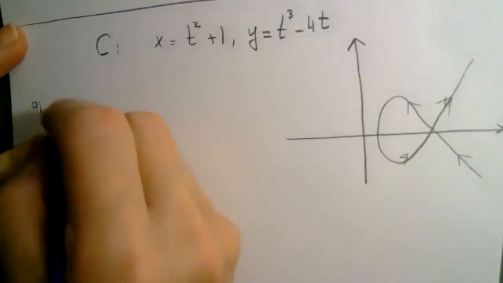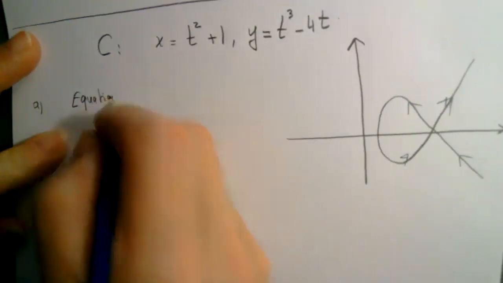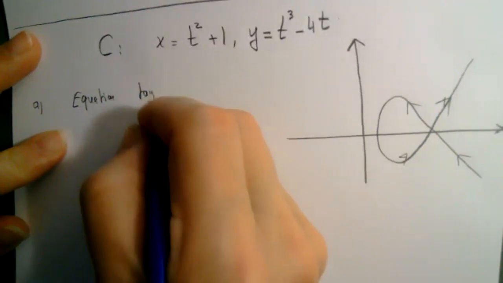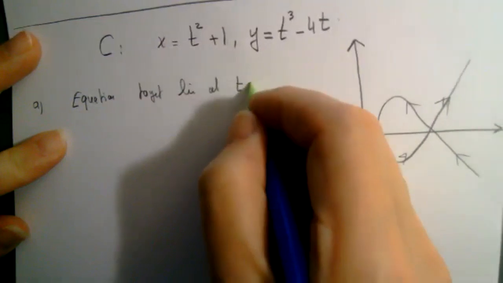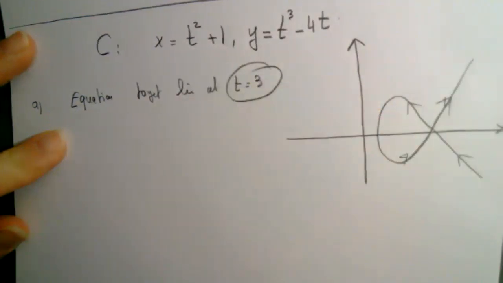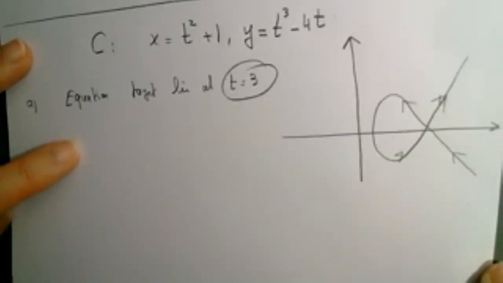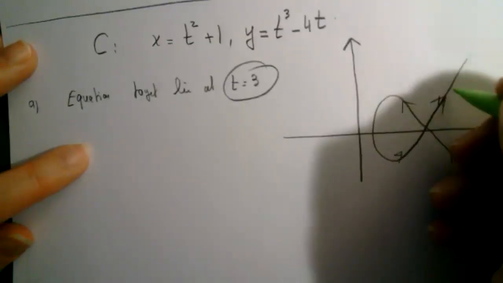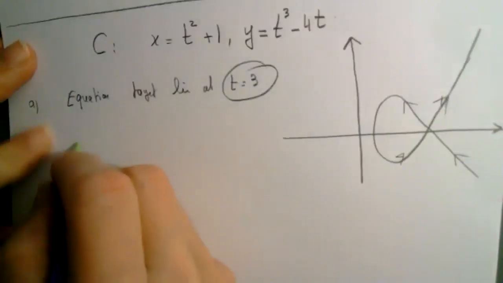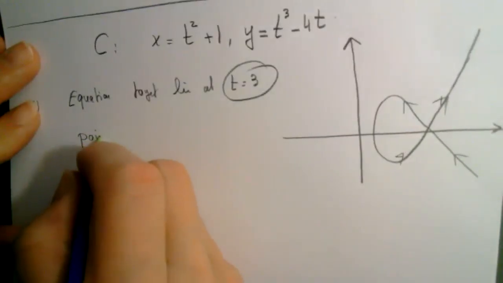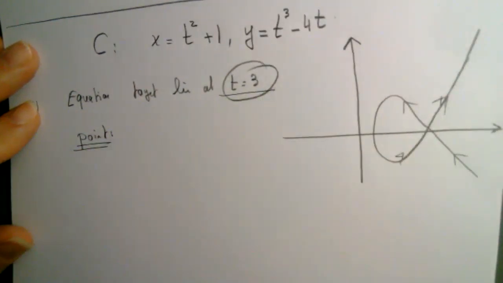So I will start with the first question for the slope. Question number 1, I want the equation of the tangent line at t equal to 3. First, it's nice to know where I am at t equal to 3. So I will usually like to look at the point on the curve that corresponds to t equal to 3.